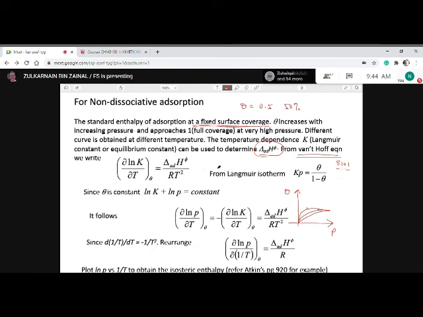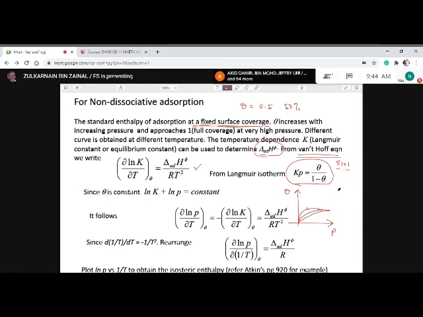Okay, so this is the equation that I've seen previously from the Langmuir plot. So you get d ln K over dT is equal to delta H over RT squared. And from the Langmuir isotherm, we have this equation, right?